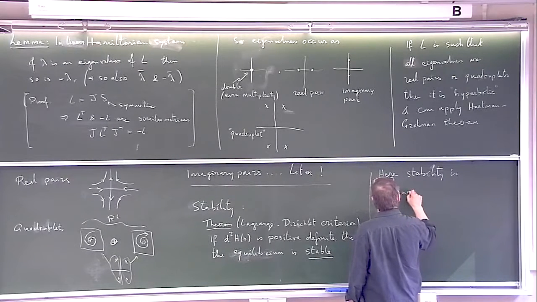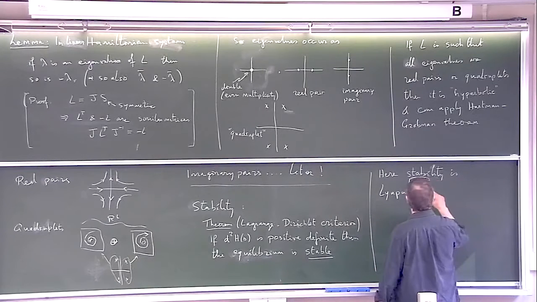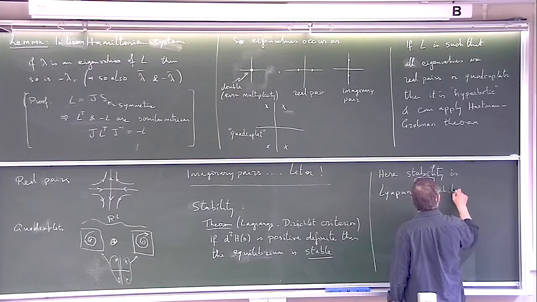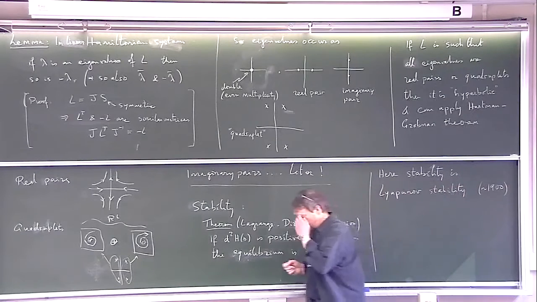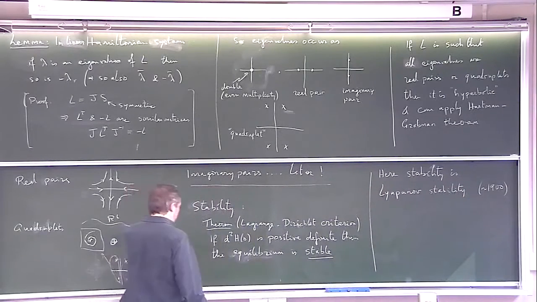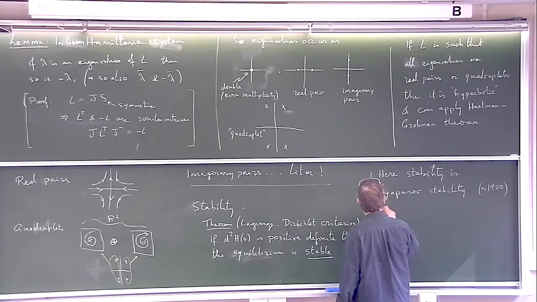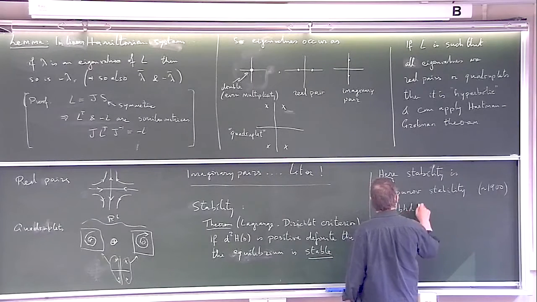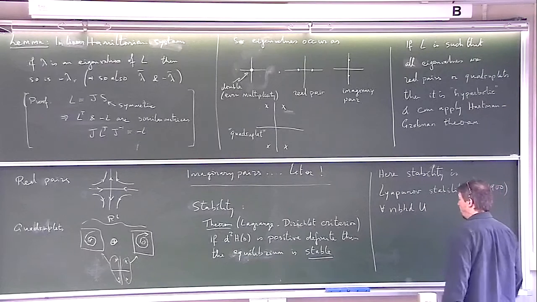So here it was Lyapunov, who was after Dirichlet, who formalized what stability means in about 1900. So I'm going to come back to talking about this later. So I'm going to make a full statement now.